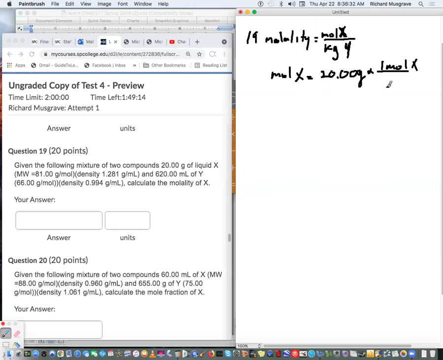It doesn't happen here though. 1 mole of X, 81.00 grams is the molecular weight. Okay, so that's 0.2469.